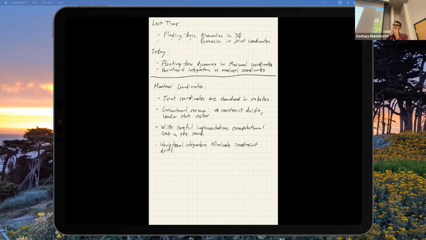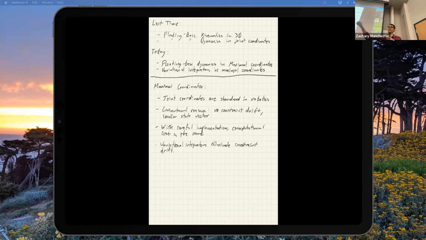The big win for maximal coordinates is, one, it's super easy to do and it's super modular. It's very easy to set up and simulate complex things with it, which we'll get into. The other big win is you basically never have to do forward or inverse kinematics again, because everything's just there, right?